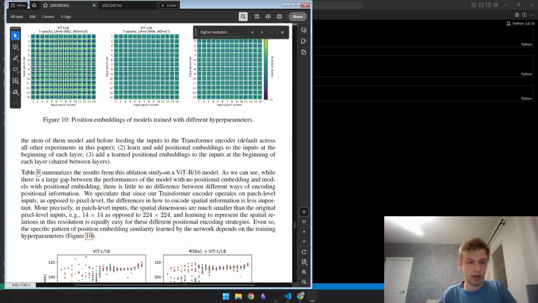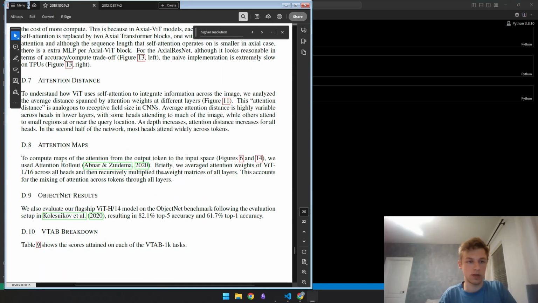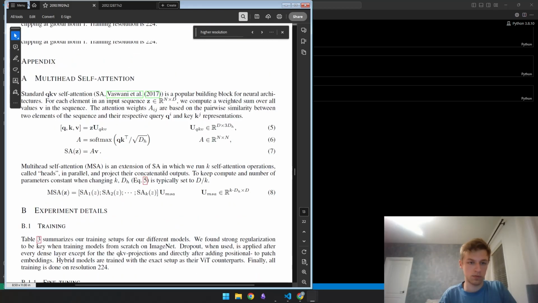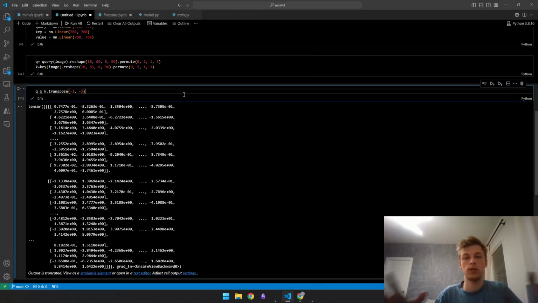if we go down to the appendix, they have the mathematical definition of the self-attention mechanism. Right here, the multi-head self-attention, we have Q times K transpose. We divide by the square root of the head dimension, and that's simply to scale it back down after we did all these operations, to normalize the result.